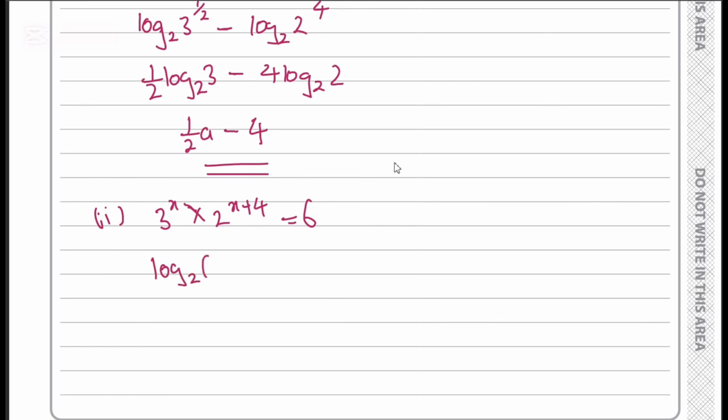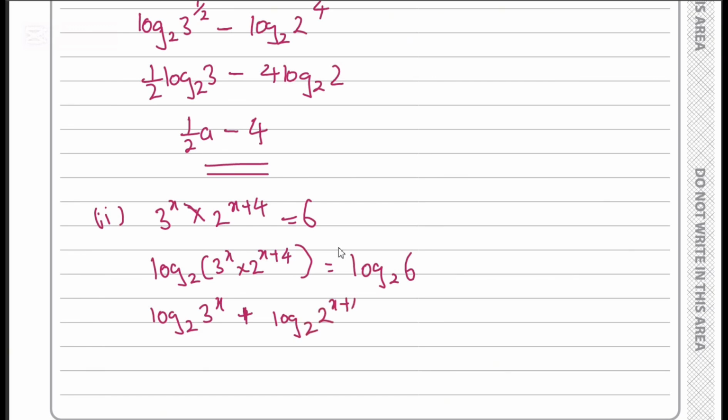So I have log to the base 2 of 3 to the power x times 2 to the power x plus 4, and likewise I have log to the base 2 of 6, right? So in here, when I have multiplication, it would be log to the base 2 of this plus log to the base 2 of this if I write it individually. So I'd have log to the base 2 of 3 to the power x plus log to the base 2 of 2 to the power x plus 4, and on this side 6 I can write as 2 times 3.